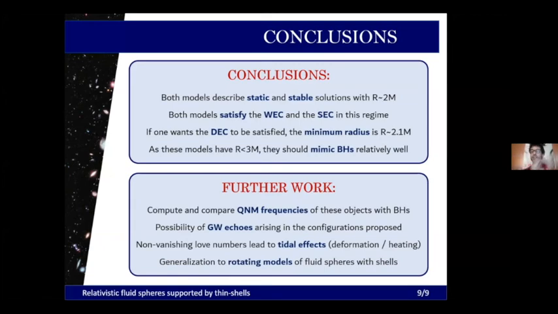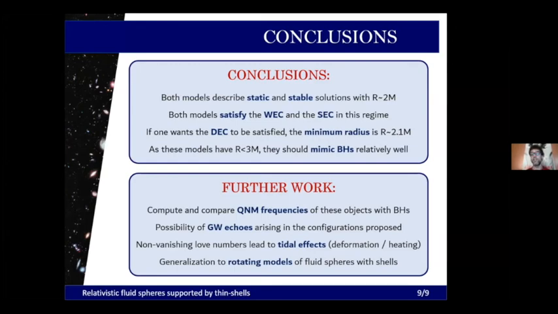And this causes the appearance of gravitational wave echoes. Gravitational wave echoes have not been observed yet, to my knowledge, but they are being searched for. If you find gravitational wave echoes, you are certainly not dealing with black holes as a final remnant of black hole collisions, and it might give you insights into whether these objects are real or not.